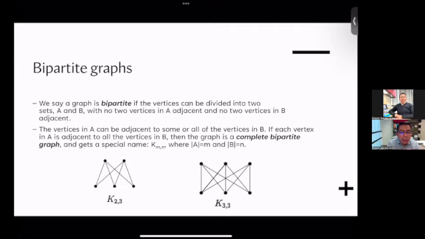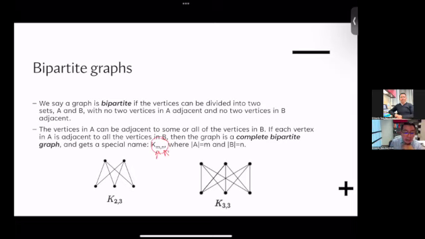So when we have not just that, but a complete bipartite graph, we give it a special name using the letter K and two indices to represent the cardinality of the elements in one set and the other set. So if we see something like K_M,N, it means that this is a bipartite graph with M elements in one of the sets and N elements in the other set.